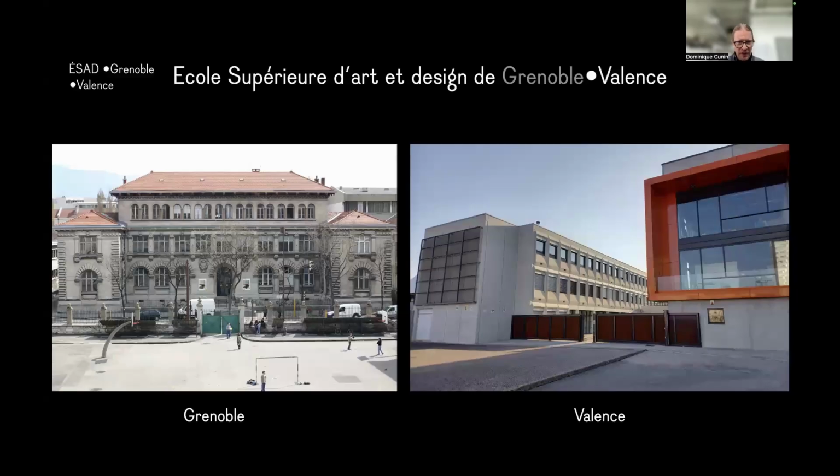I'm working in this higher art and design school of Grenoble Valence, two sites, two different cities, Grenoble and Valence. You can see that the buildings are pretty different. I'm mostly in Valence, and today I am in this building with the orange-red metallic part on the facade, and the other one is a bit older, a traditional Beaux-Arts place in Grenoble.